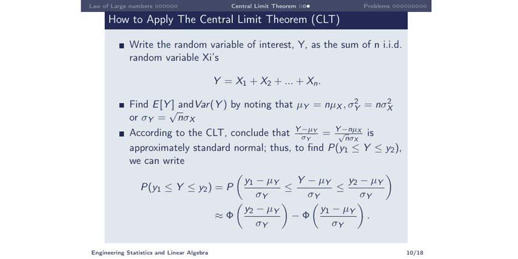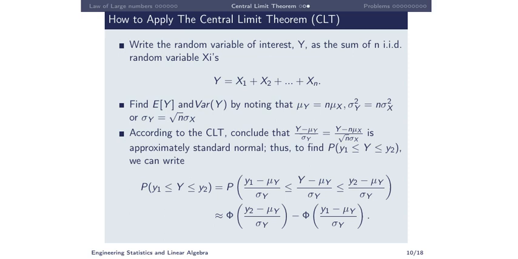For example, what we have to do is identify which is the x, and from that you can write y as the sum of those x variables. Then the expectation of y will be n times mu x because it is an IID process, and the variance is n times sigma x square, so the standard deviation is root n sigma x.